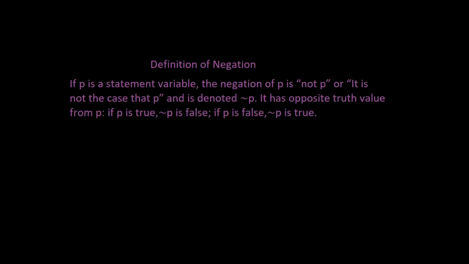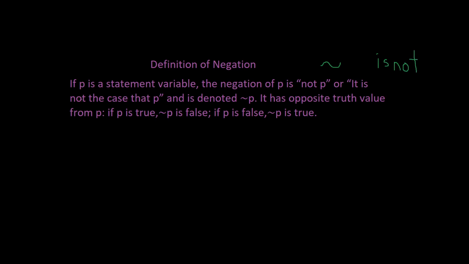So the definition of negation. Alright, what do you know about negation? If you remember, we had this little sign. There's a symbol called is not, and that is denoted as is not. And so that was a general definition of negation.